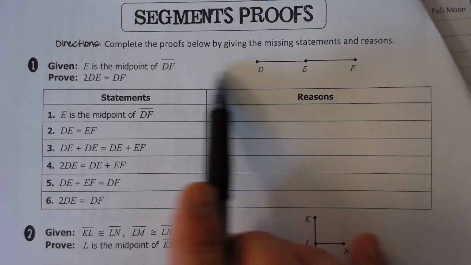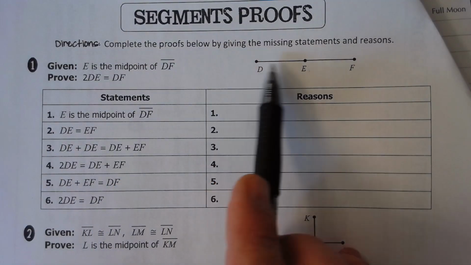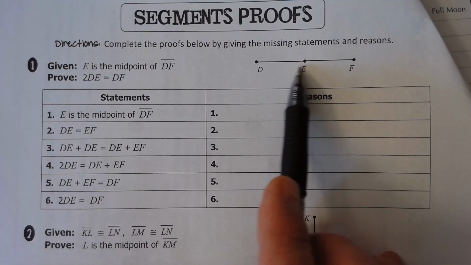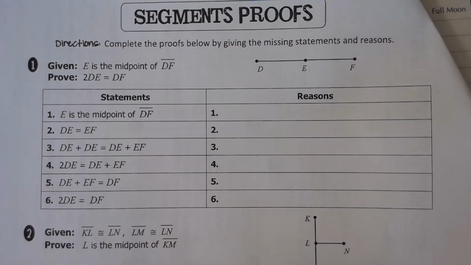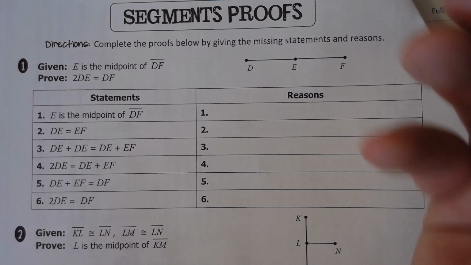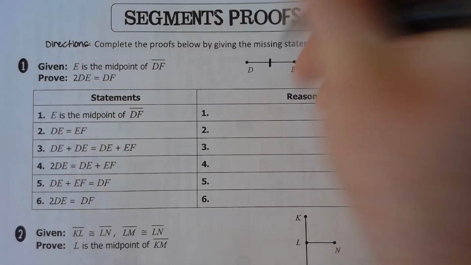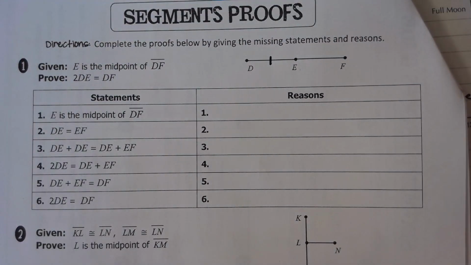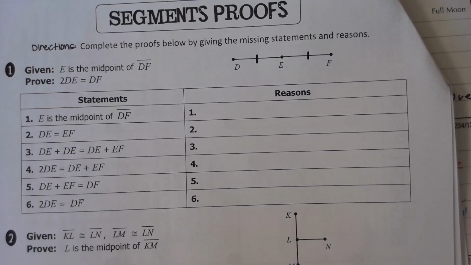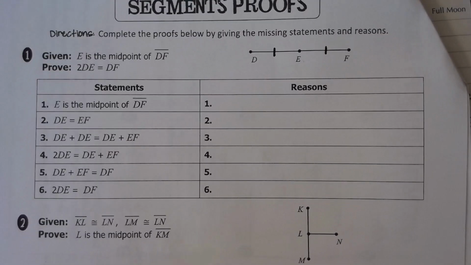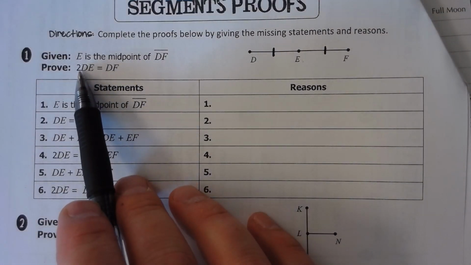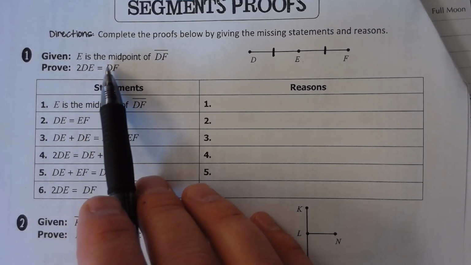Right when it says midpoint, you should start thinking about what midpoint means. What's that going to tell me about this line? How's it going to help me out? I'm just thinking out loud. It's told me that E is the midpoint of DF, so just so I can remember later, I'm going to mark that DE is congruent to EF. We want to prove that 2 times DE is equal to DF.